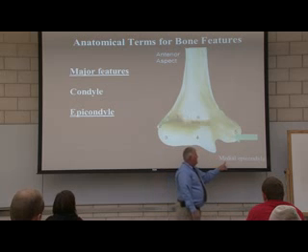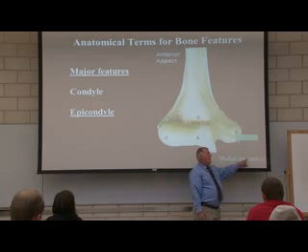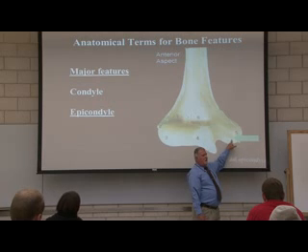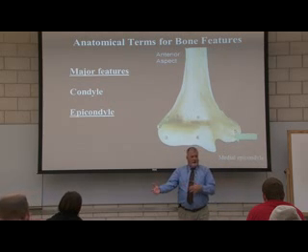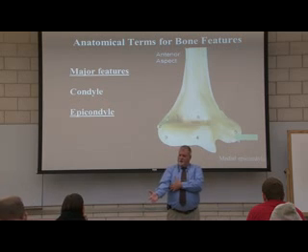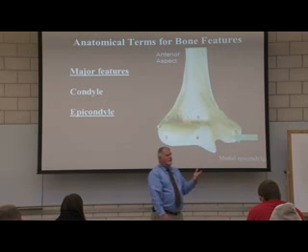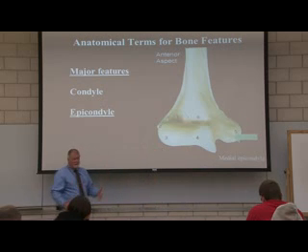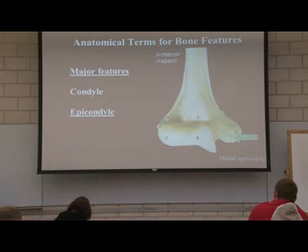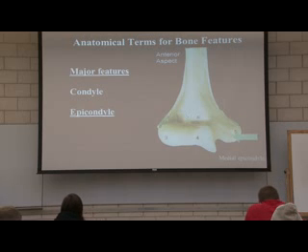That really big bump is your medial epicondyle. It's this big bump right here. That's for muscle attachment. A lot of the muscles that are going to be used to manipulate your wrist and fingers are attaching to that process. We'll talk about that in the next unit. So epicondyles are designed for attachment of ligaments and tendons.